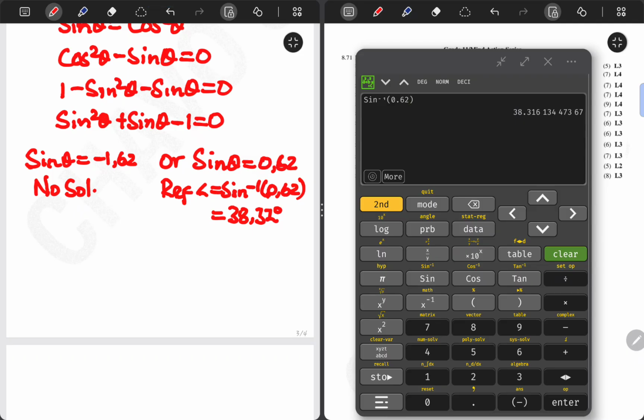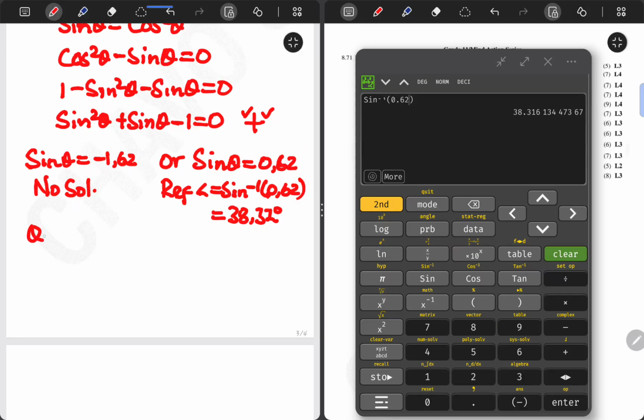So from there, we're going to look at where sine is positive. That will be quadrant number 1 and quadrant number 2.